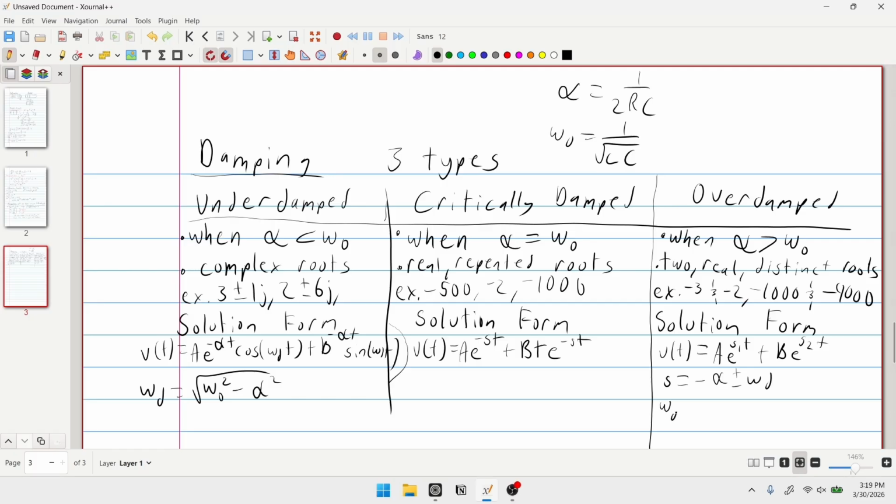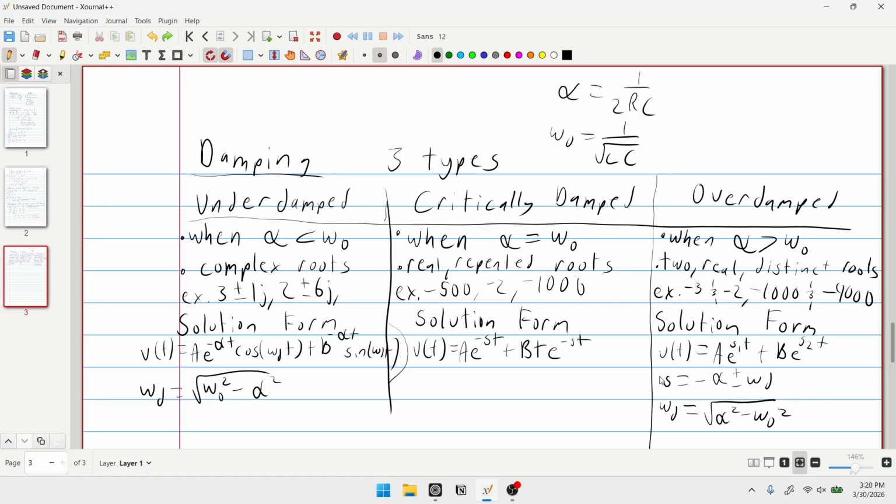And in this case, our damped frequency, or wd, is the square root of alpha squared minus omega naught squared. Notice how in this one, the alpha is first because it's bigger than our natural frequency. And this just makes it so that it's not a complex number, because if natural frequency was bigger, then this would be a complex number with an i.